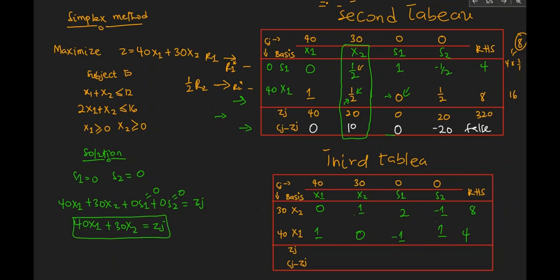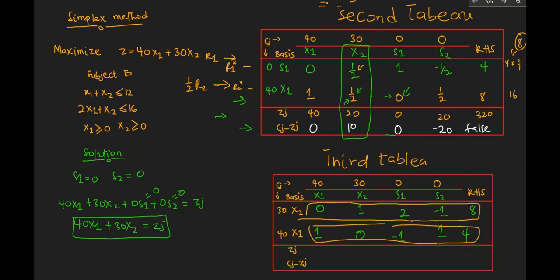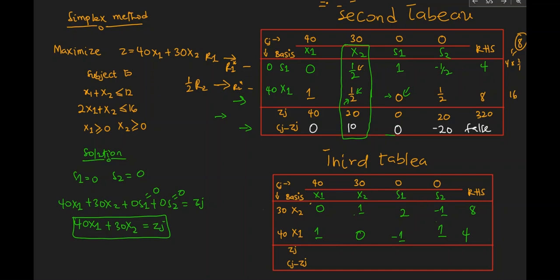You know that these values will now become our x2 values, and these ones will now become our x1 values. So let's use that to find the zj values. For the first zj value, we are going to have x2 to be 0 and x1 to be 1. Let's substitute that into this formula.